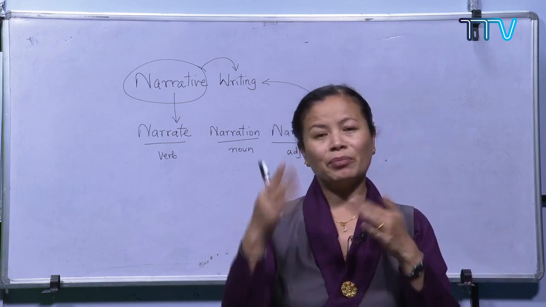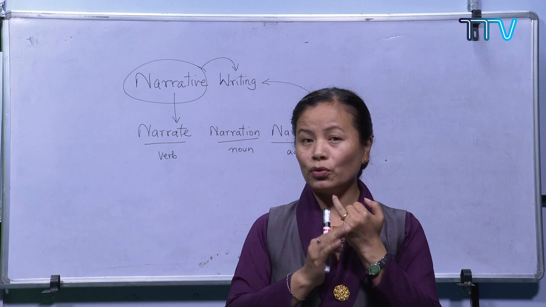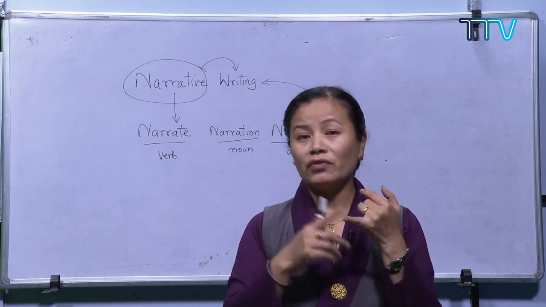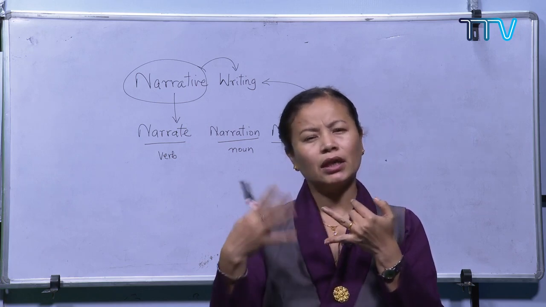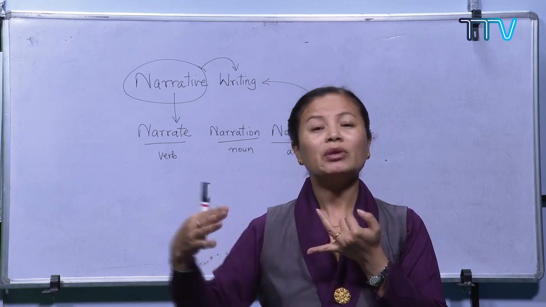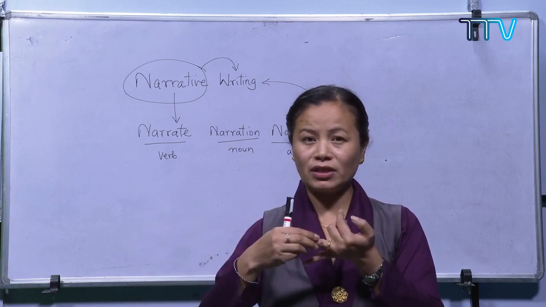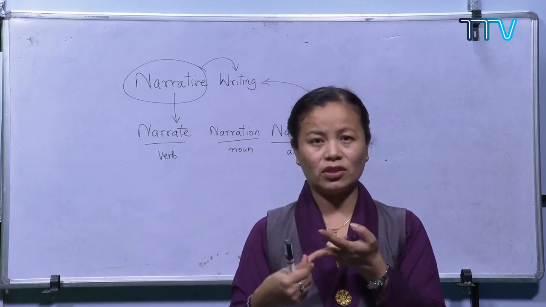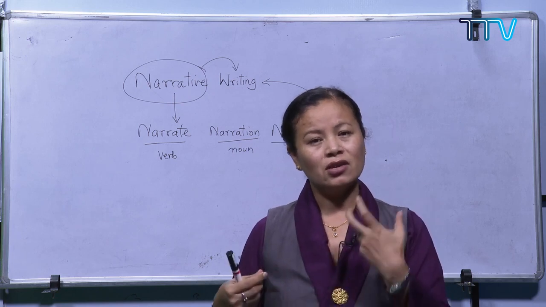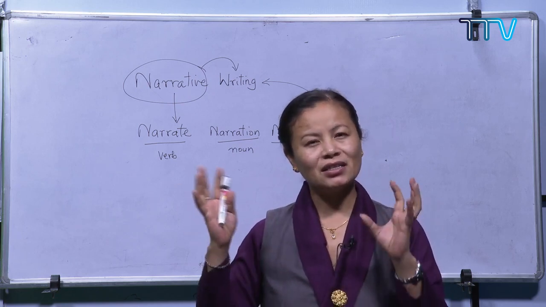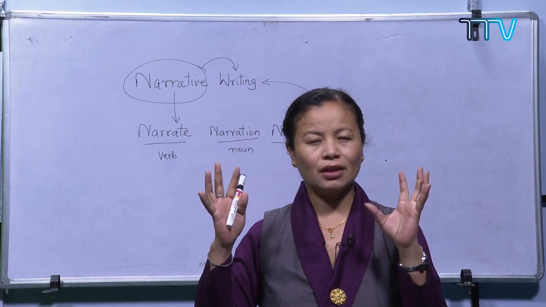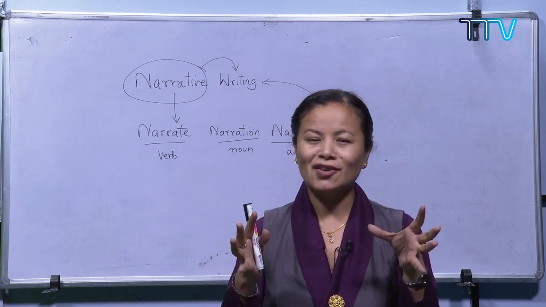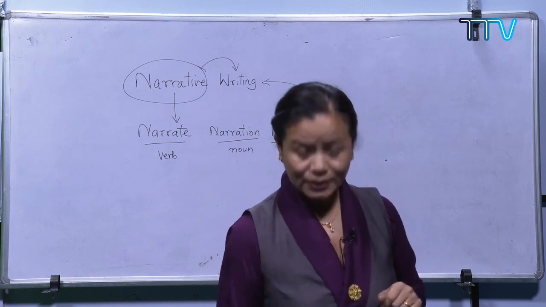Break the word: narrate. When you know the meaning of narrate, then you can easily figure out: narrate, then narration, then narrative, which becomes an adjective. That just gives you a sense of the thing. Oh, this might be this, right? So look at the slide.